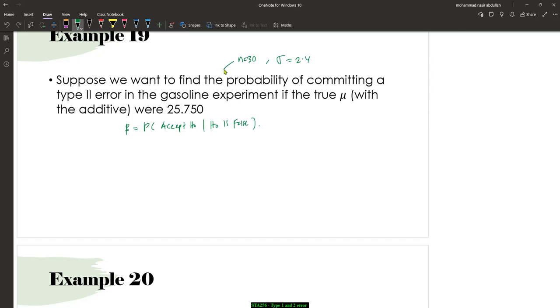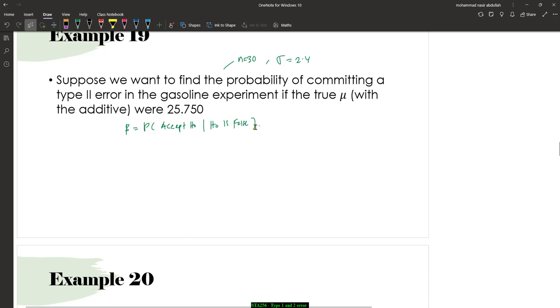Suppose we want to find a probability of committing type 2 error in gasoline experiment if true sekejap.